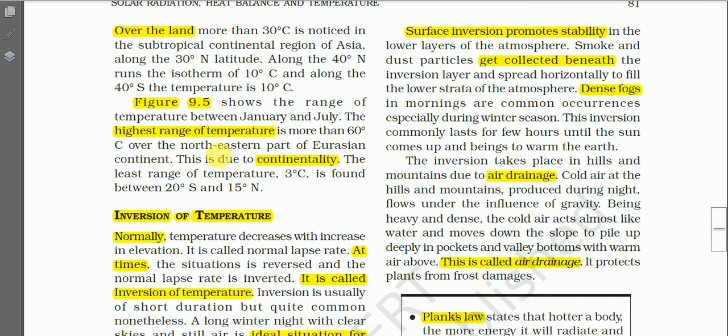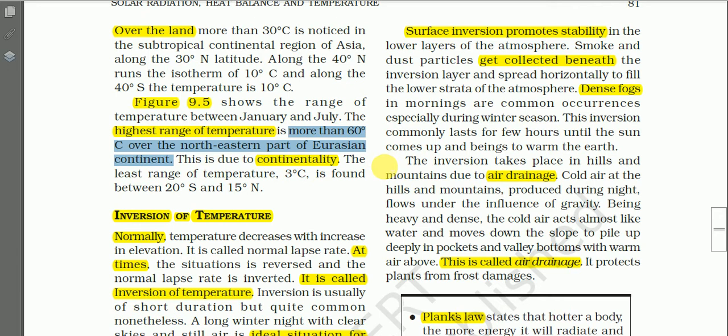Here the highest range of temperature is more than 60 degrees Celsius over the northeastern part of the Eurasian continent. So the range of temperature is the highest over the northeastern part of the Eurasian continent.